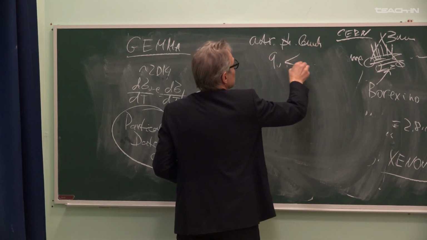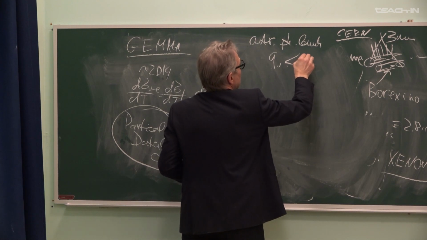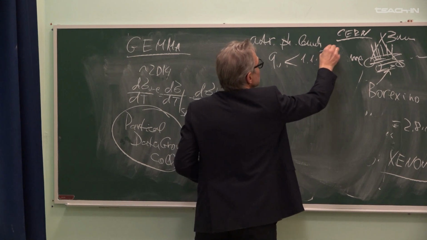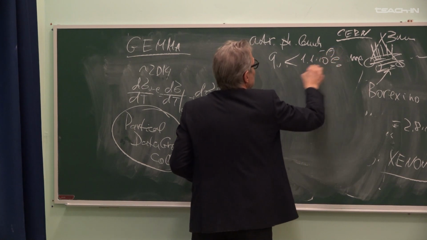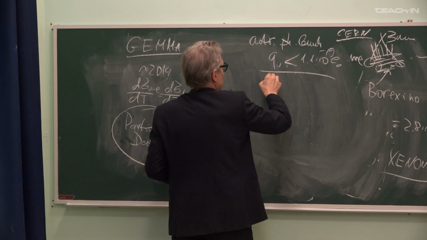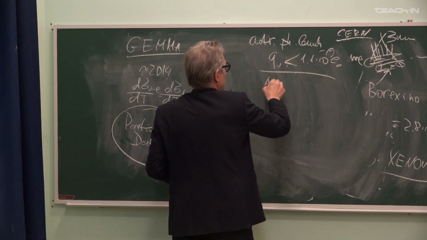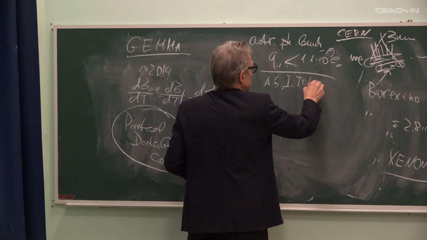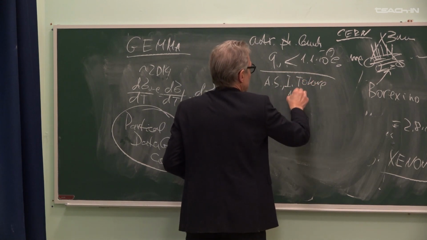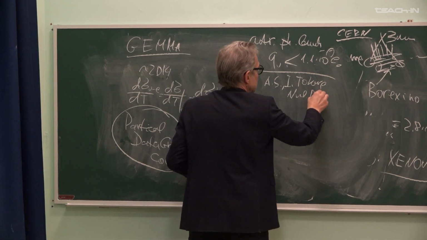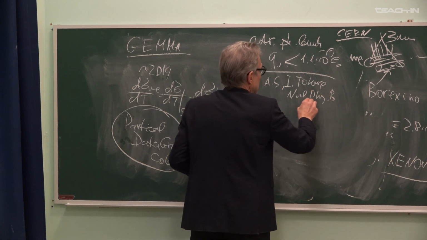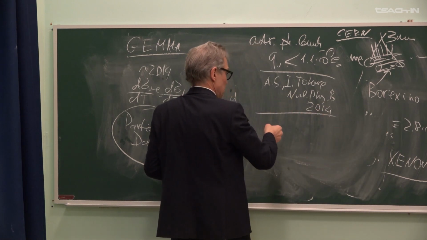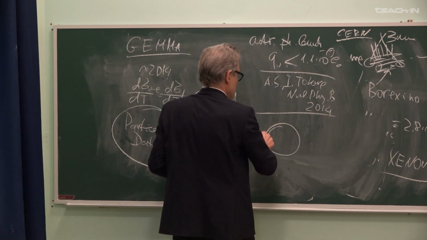That is something like 1.1 times 10 to the minus 19 charge of the electron. This is from my paper with Ilya Tokarev, Nuclear Physics B, 2014. So what we have done, there is a pulsar.